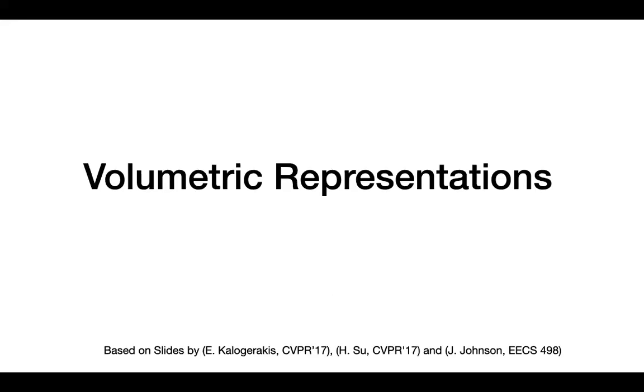So we are going to start with volumetric representations, which are discrete representations in the ambient space and have many connections with what we have seen so far in the course for images.